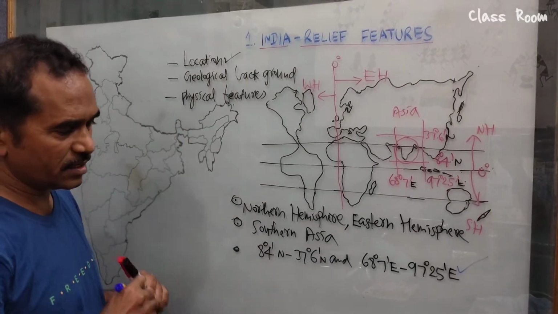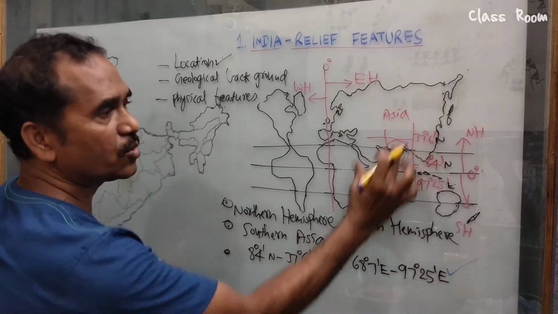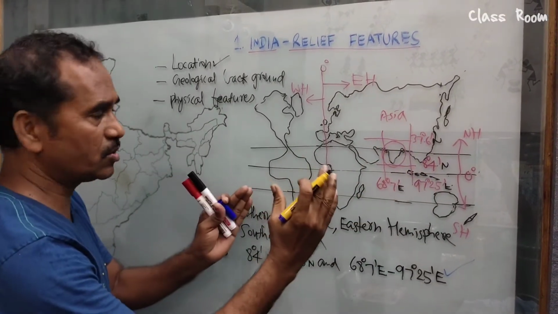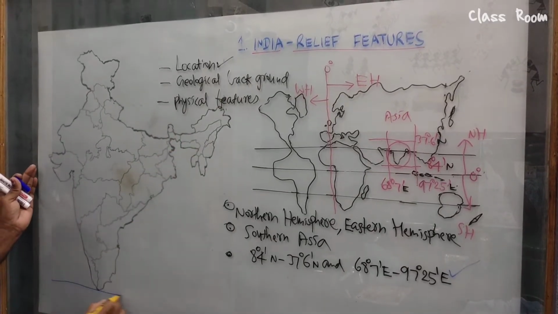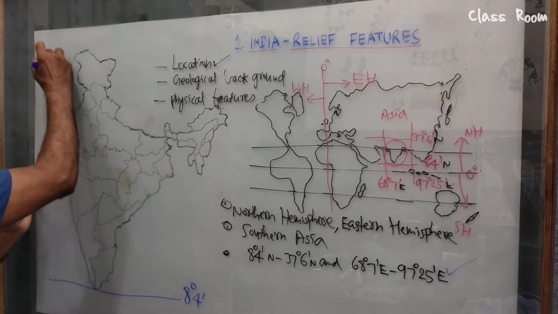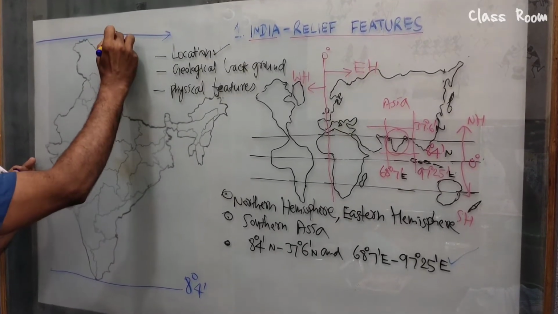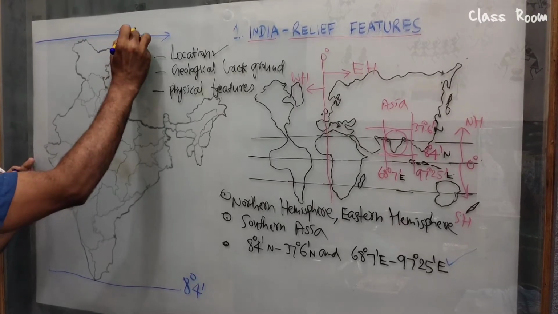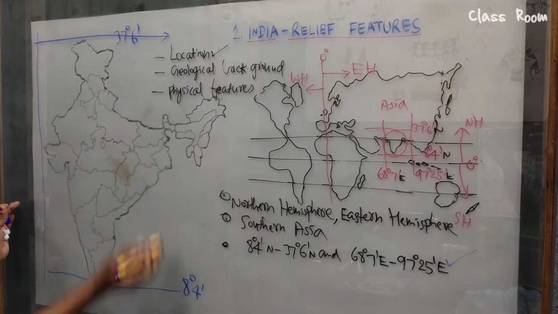Now let's see the coordinates on India map. See the coordinates. So these coordinates we try to show on India map. This is 8 degree 4 minutes north, this is 37 degrees 6 minutes, and these two are latitudes.